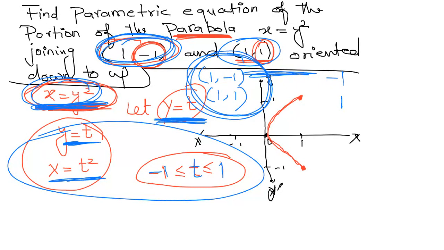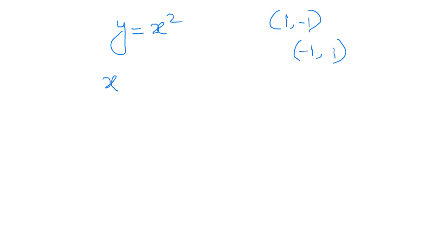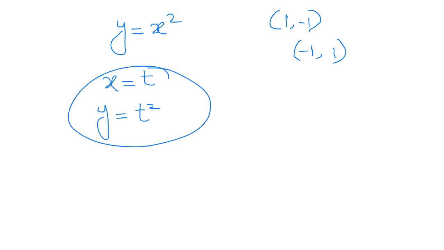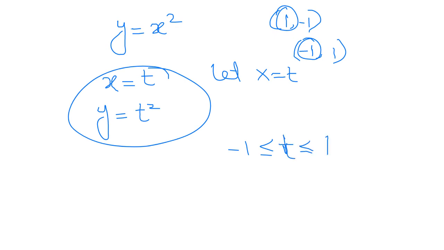Yes, exactly. For example, if I have a question like this one, with the same points, 1 and minus 1, and the other point minus 1 and 1, we choose x is equal to t and y is equal to t square, because we choose let x is equal to t, so t is between minus 1 and 1.